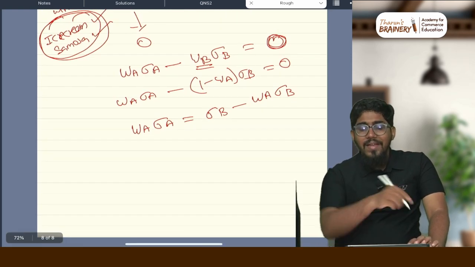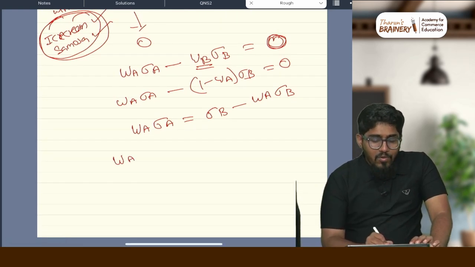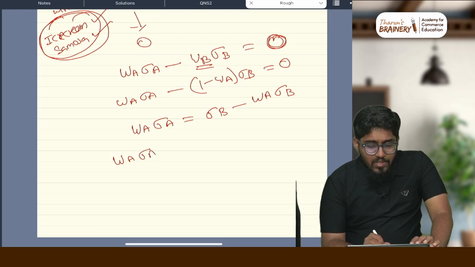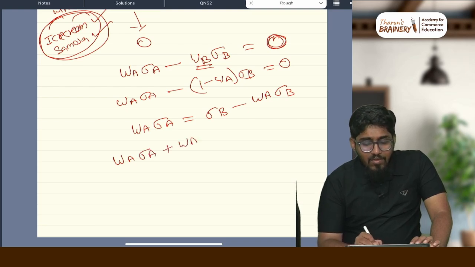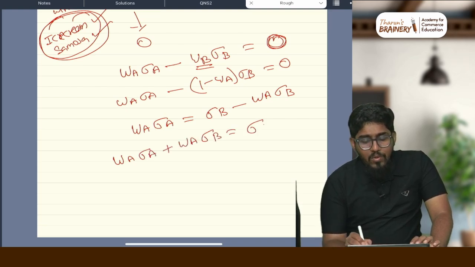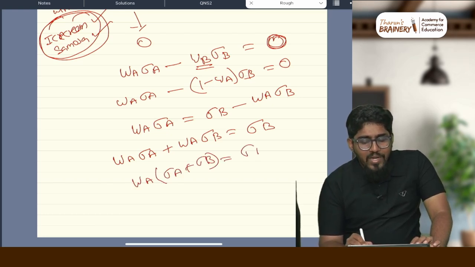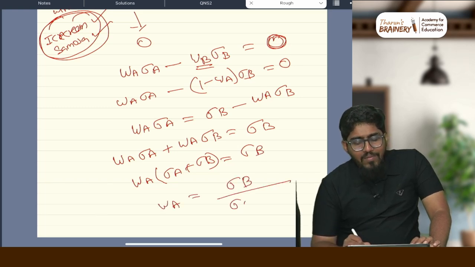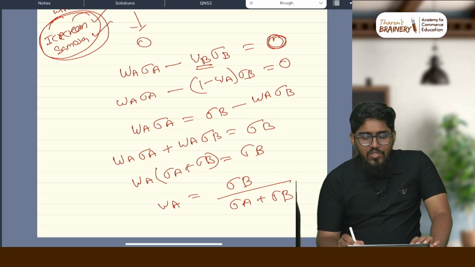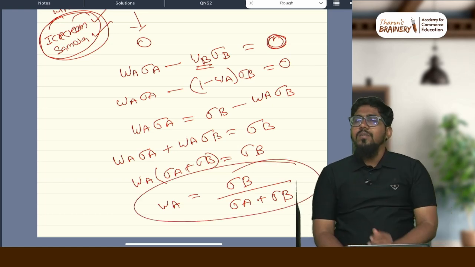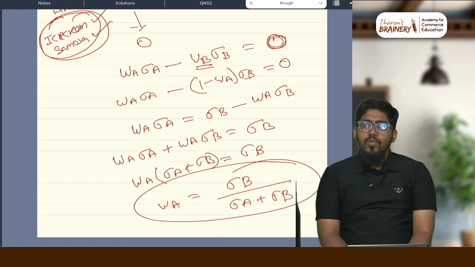Now weight of A common: weight of A into standard deviation of A plus standard deviation of B is equal to standard deviation of B. So weight of A is equal to standard deviation of B divided by standard deviation of A plus standard deviation of B. So this is the minimum risk, this is the 0 risk portfolio.